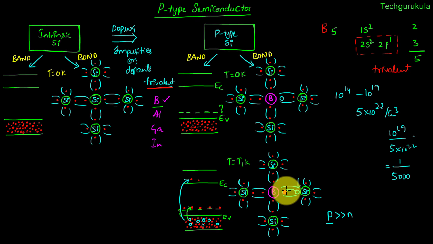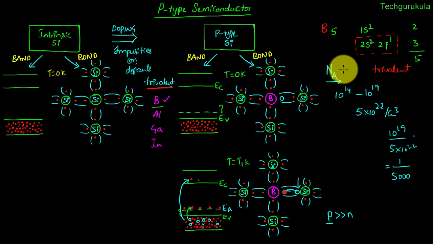Now we observe that the boron atom is taking an electron from the neighbor, so it is basically accepting. So we will call this an acceptor atom, and the doping that we have done, we'll call acceptor doping. And the energy level that this doping has introduced, we'll call the acceptor energy level. And the doping concentration we did, we'll call N suffix A, representing the acceptor concentration level.